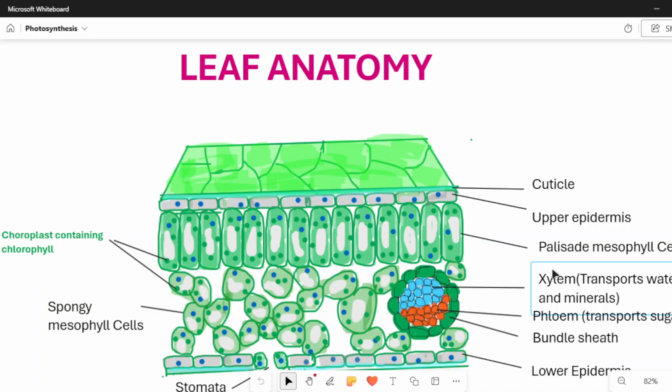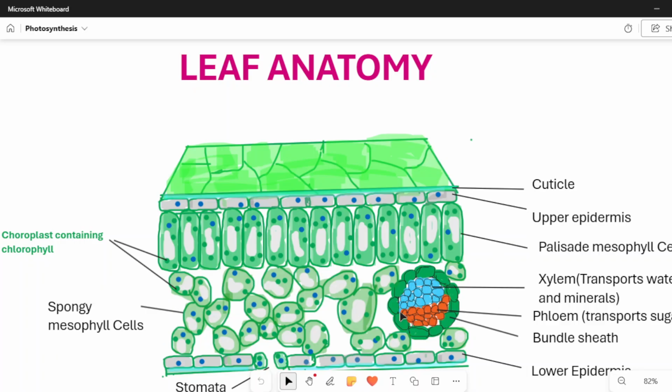Then we have this set of rectangular cells, which are called palisade mesophyll cells. Then we have these loosely packed cells with a lot of spaces in between. These are called spongy mesophyll cells.